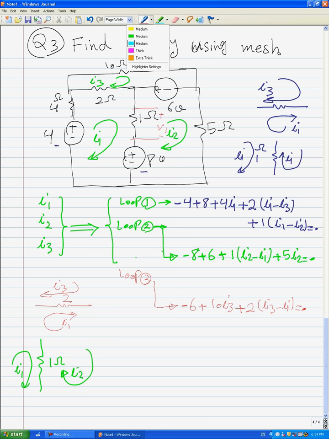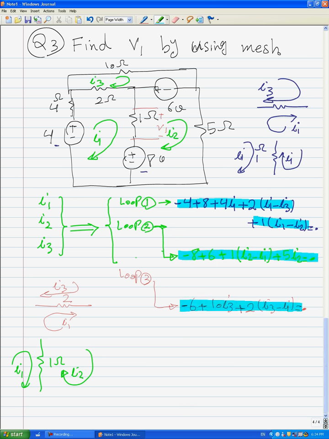To clarify, we have 3 equations: equation 1, equation 2, and equation 3. Right now, it's easy to solve 3 equations in terms of 3 unknowns, and find I1, I2, and I3.